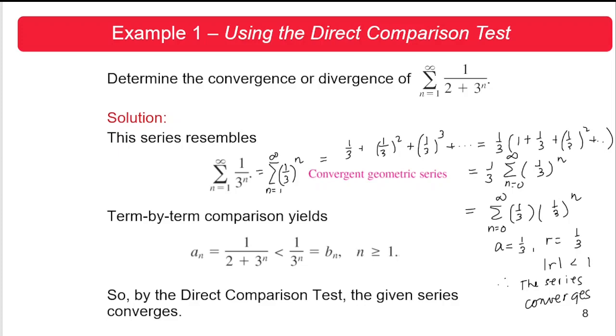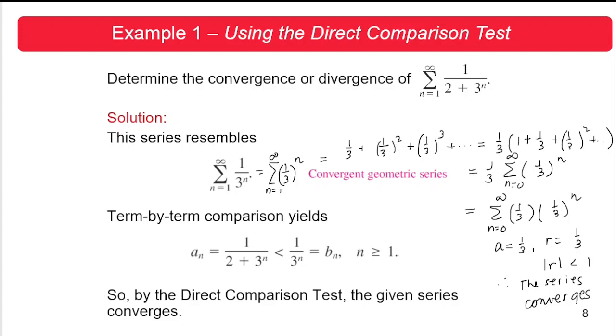r is also 1/3, and recall that if the absolute value of r is less than 1, then the series converges. So because this series is convergent, now we have to check which one is bigger. Is it the given series or the obtained series? By the comparison test, we compare the nth term of the given series, a sub n, which is 1 over 2 plus 3 to the n, with the nth term of the obtained series, which is 1 over 3 to the n power.